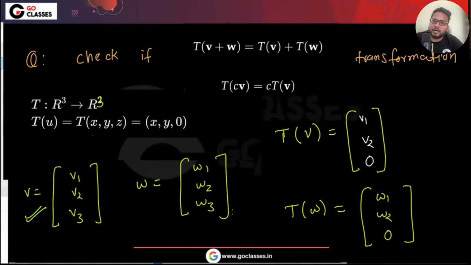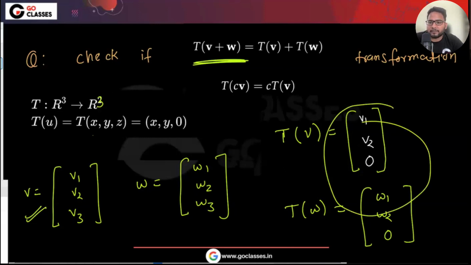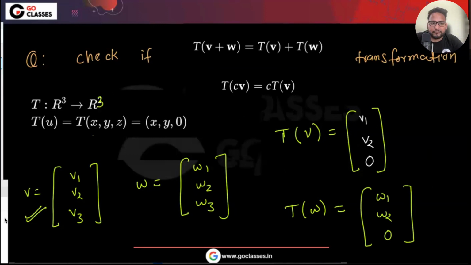Now you tell me, if you first take the addition and then you take the transformation, what will it be? It will be just V1 plus W1, V2 plus W2 and 0. Or you first take the transformation, I mean you do this and then you add. Will it really matter? Tell me. No, right? See, let me just tell you what I mean to say.